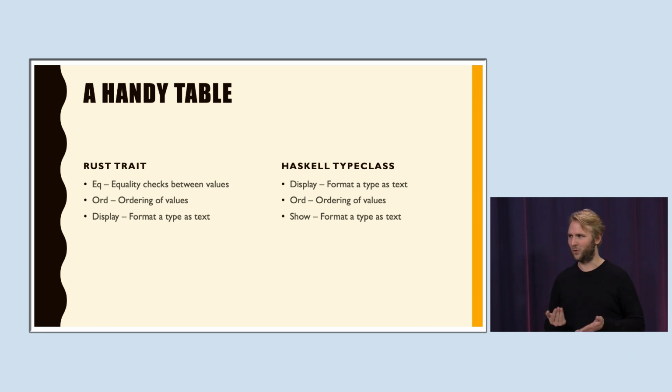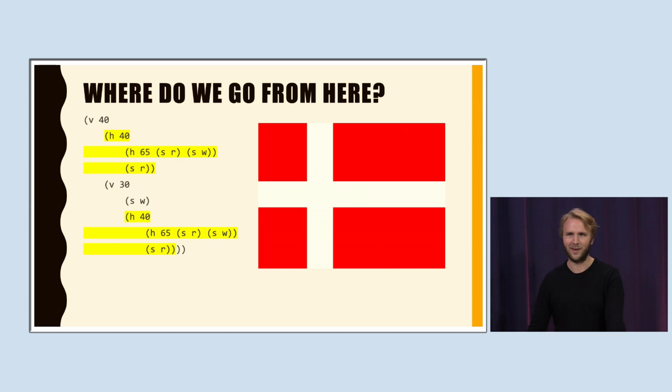All right, so where do we go from here? Denmark, apparently. Say we want to draw a Nordic flag. It's rectangular enough, so that's good. But we end up having to repeat the exact same definition for the upper and lower part of the flag.